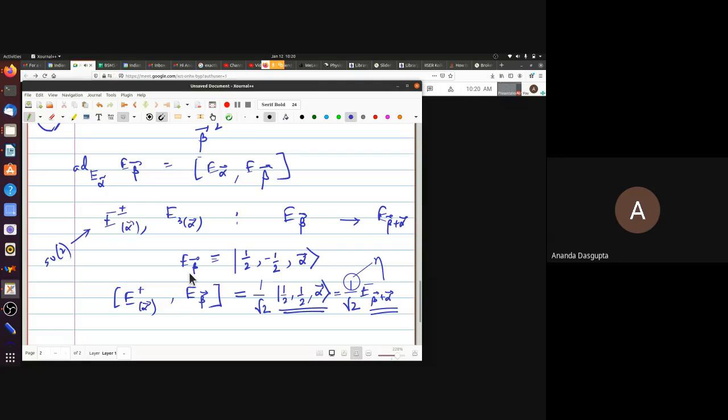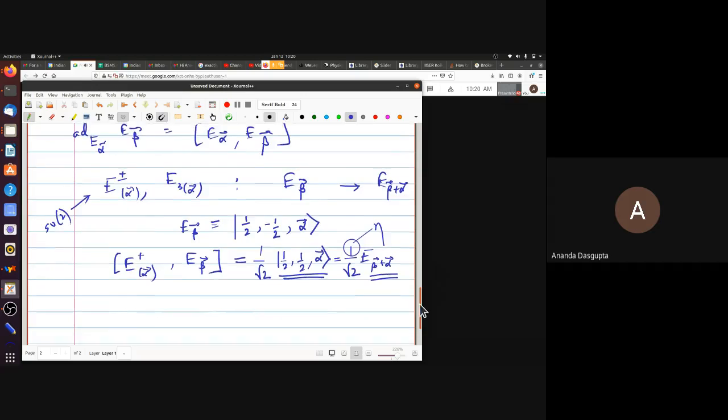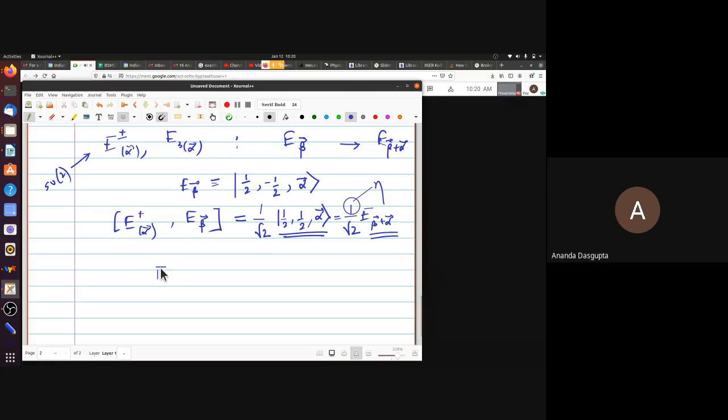And you know that proportionality factor has to have a magnitude of 1 by root 2. But is it 1 by root 2 or e to the i alpha by root 2? Well, you don't really know. That's where you have to make a choice. So what you do is you choose this eta to be 1 and hence define E beta plus alpha to be the generator which corresponds to the commutator of these two objects, times root 2, of course. So that's really a choice of phase which tells you that E alpha plus beta is root 2.